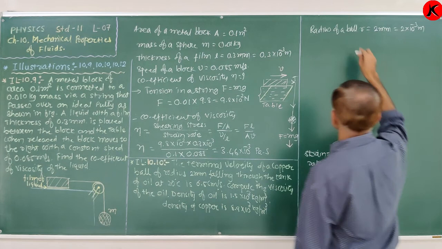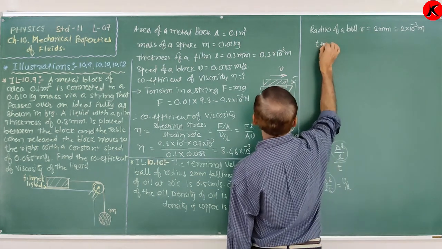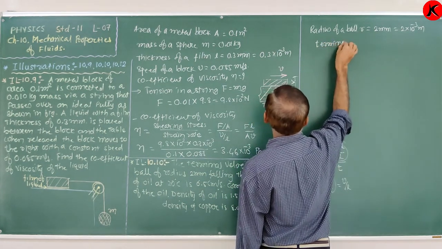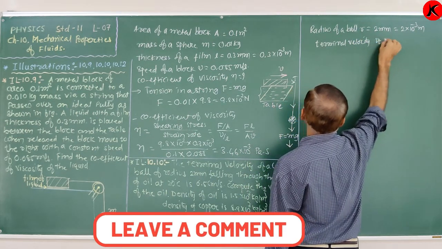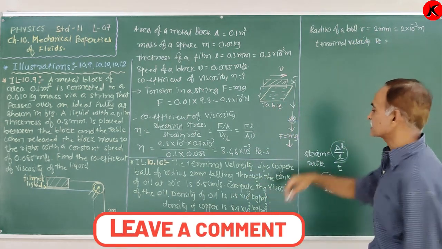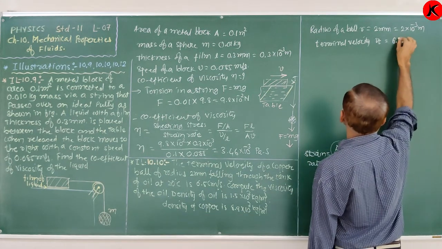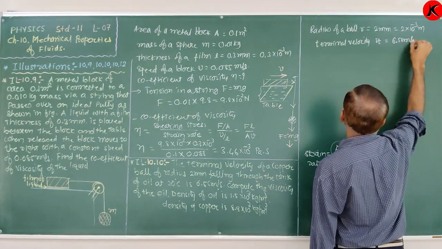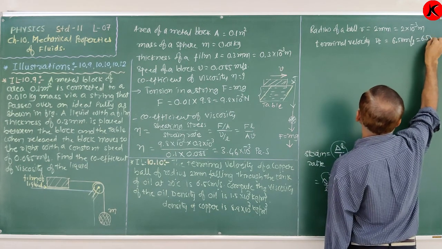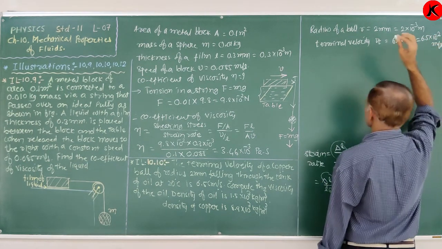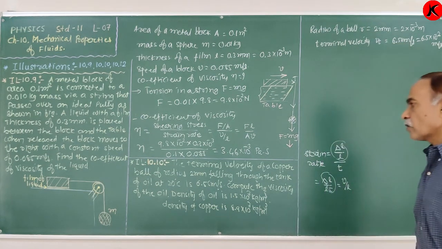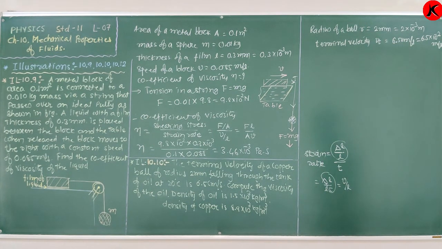The terminal velocity Vt is given as 6.5 centimeter per second. Converting into meter per second, 6.5 into 10 to the power minus 2 meter per second. Compute the viscosity of the oil.